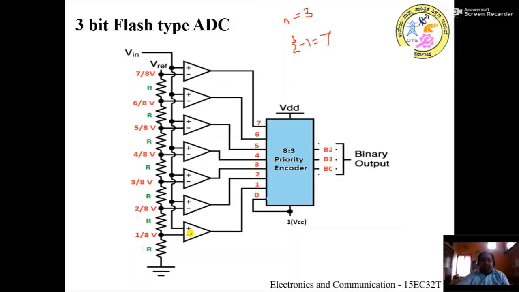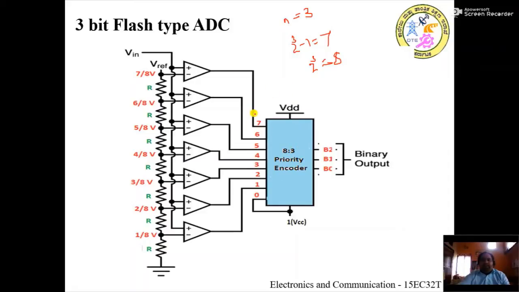As there are 7 comparators, I expect 2 to the power of n, that is 2 to the power of 3 resistors in the voltage divider circuit, which comes out to be 8. So there would be 8 resistors in the voltage divider circuit, and here you can see 7 different reference voltages, and we expect an 8:3 priority encoder.